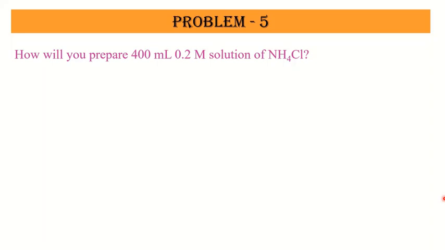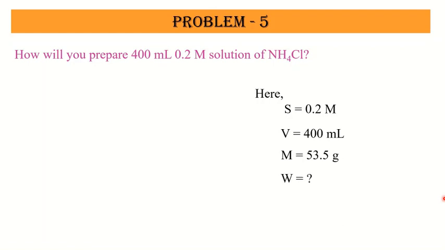So here at first you have to calculate the amount of ammonium chloride needed to make 400 ml 0.2 molar solution. Here S equals 0.2 M, V equals 400 ml, and molecular mass of ammonium chloride, M, equals 53.5 gram.